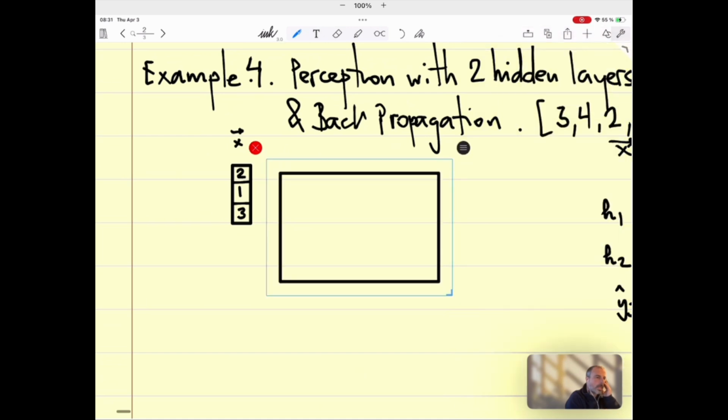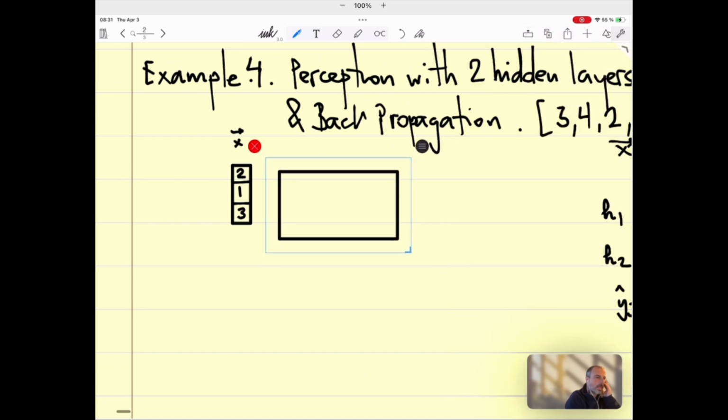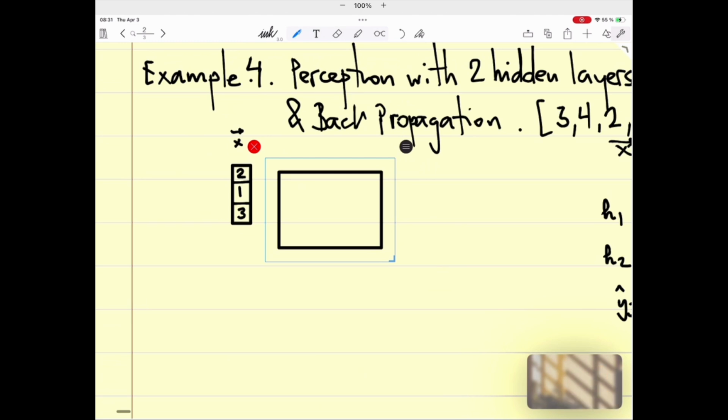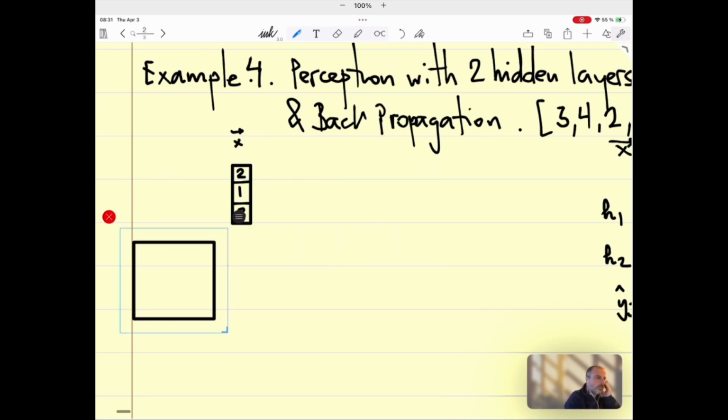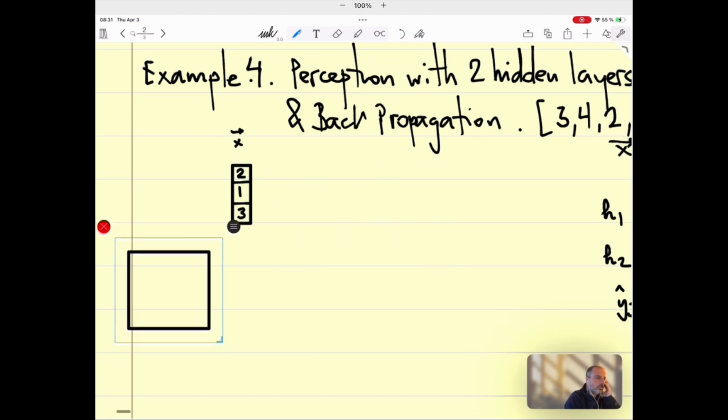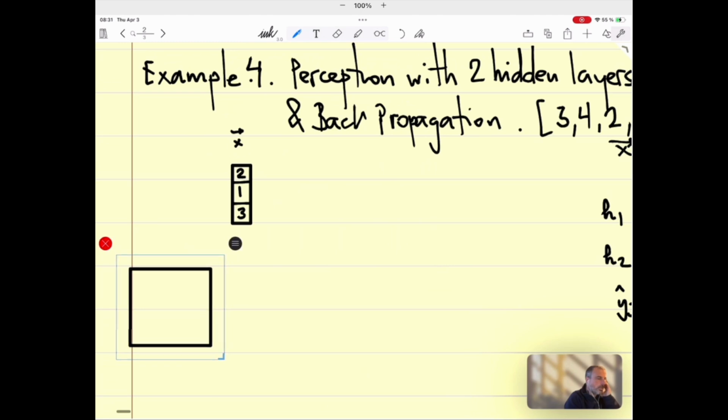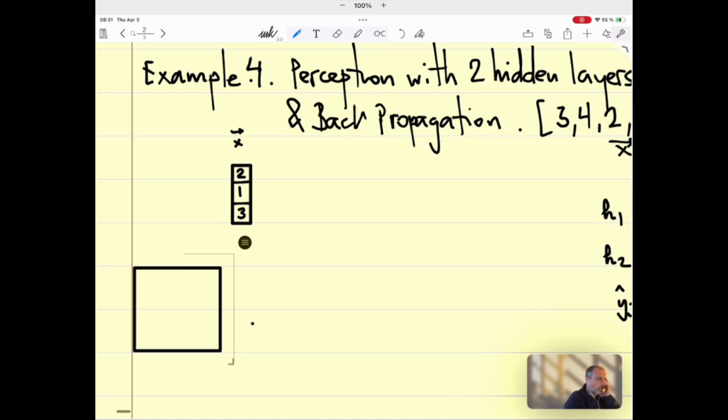Then we have a weight matrix right there. I need to leave some space in between. You will see later on why. So we have our weight matrix right there, weight 1H1 and the bias 1.